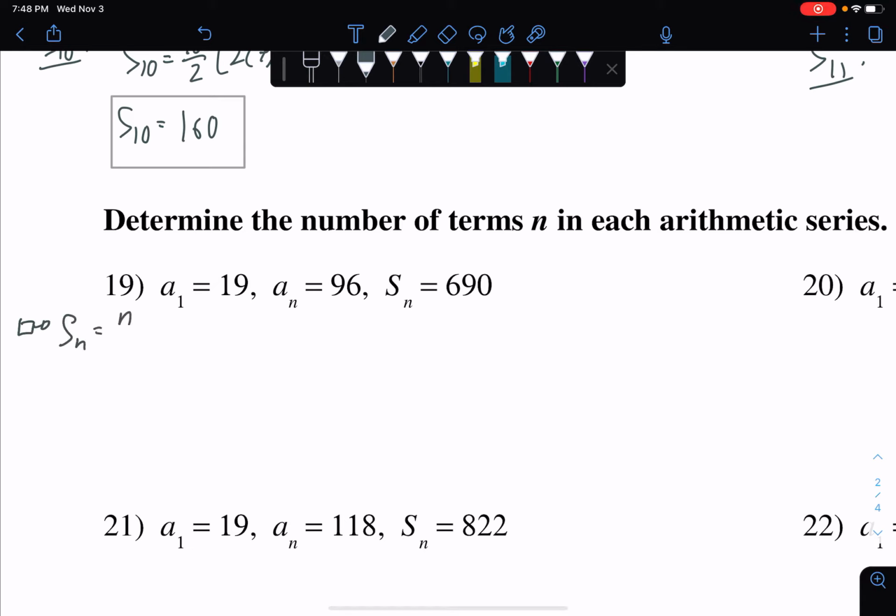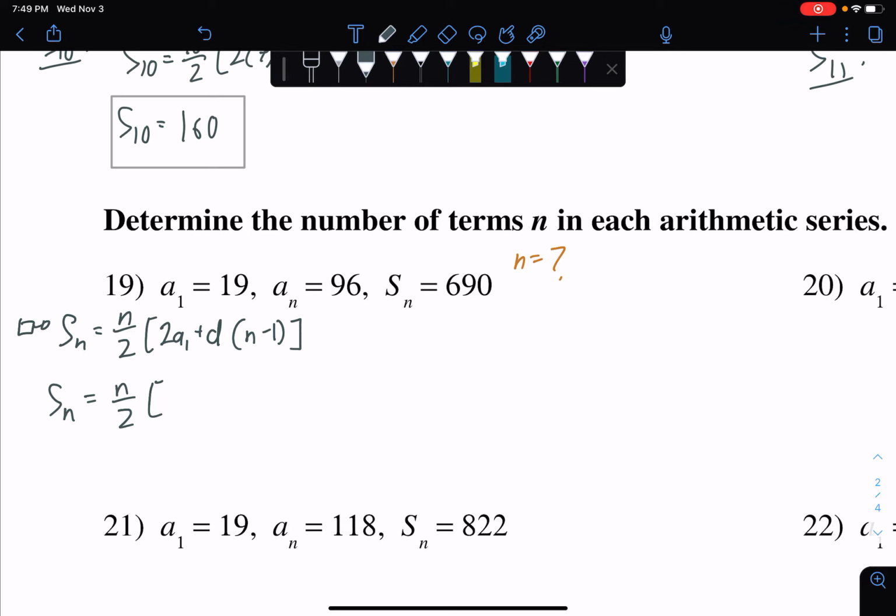S sub n is equal to n over 2 times the quantity 2 a sub 1 plus d times the quantity n minus 1. We don't know what our n is, so n is equal to question mark. In order to find n, we'll substitute values.